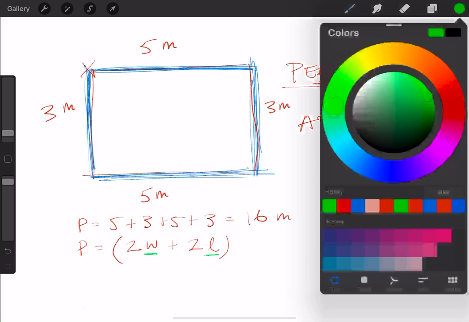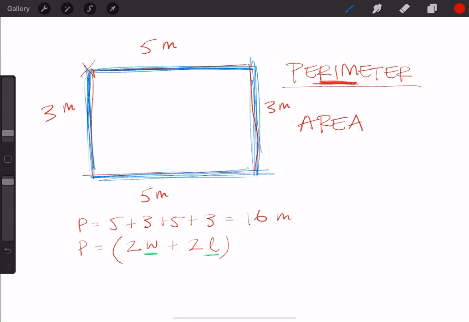So all you would have to say is that the perimeter is equal to 2 times the width, 5, plus 2 times the length, 3. So P is equal to, well, 2 times 5 is 10, and 2 times 3 would be 6. So that would give us a total perimeter of 16 meters, which is the same thing that you would get if you just added all those up.